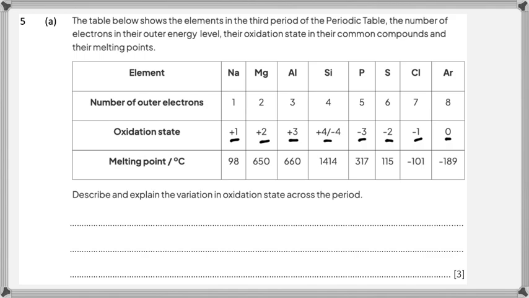Now, the command words here are describe and explain. So, let's describe.